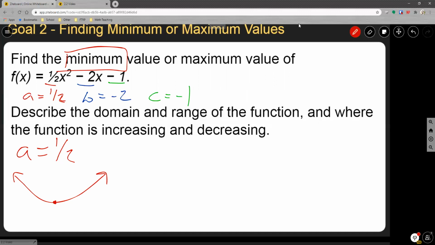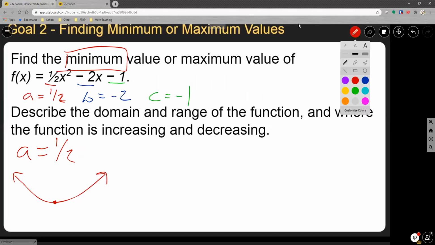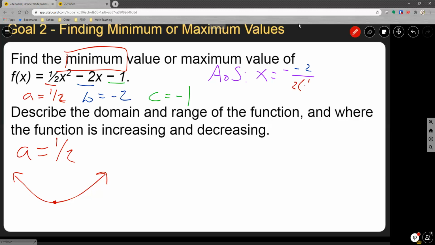So let's go ahead and figure out the rest of what's going on. With my a and b value, I can find the axis of symmetry very quickly. Remember, that's just the line x equals negative b over 2 times a. In this case, my b value is -2 and my a value is 1/2.